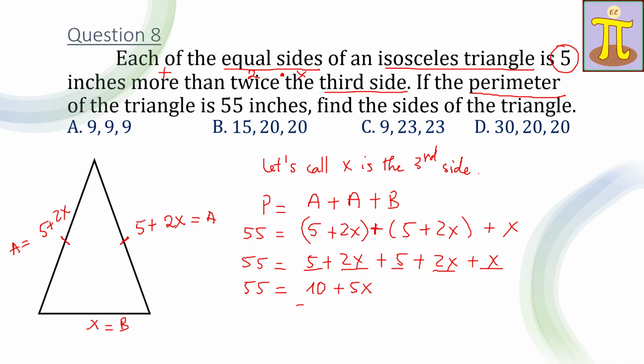Now we subtract both sides by 10. We have 45 equal 5x. Okay, so divide both sides by 5. We have x equal 9.